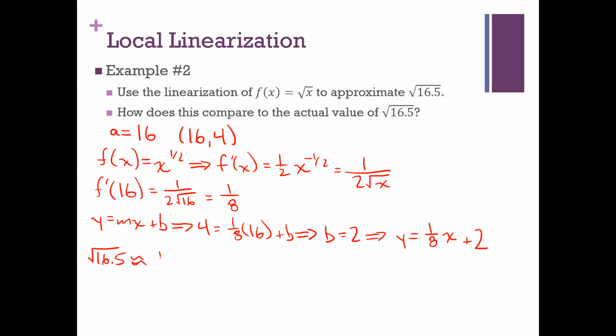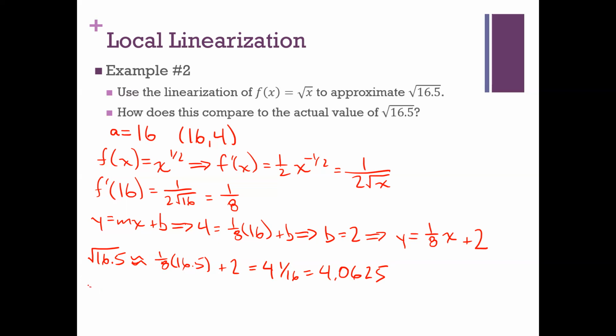That'll be equal to 1/8 of 16.5 plus 2, which is, so 1/2 by 8, that's like 4 and 1/16, which I think is equal to, if someone correct me, okay. So that's the approximation of radical 16.5.